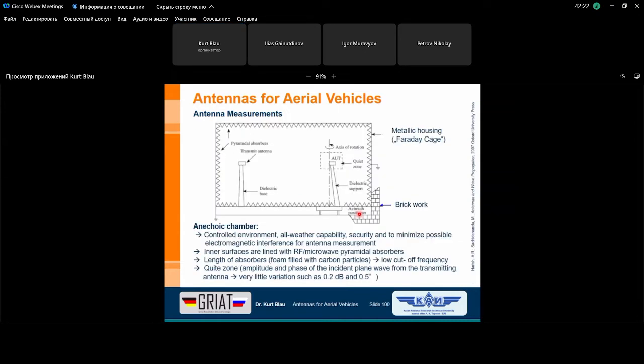And here you can see an outside standing room for such an anechoic test chamber. It's comparable with this scenario of the compact test range, but this is the same as what we have seen on the first slide.